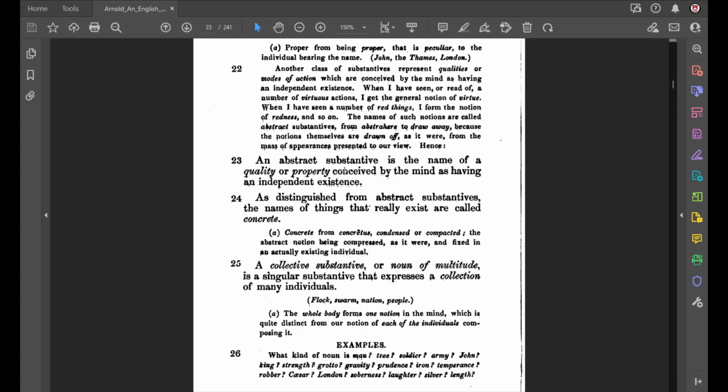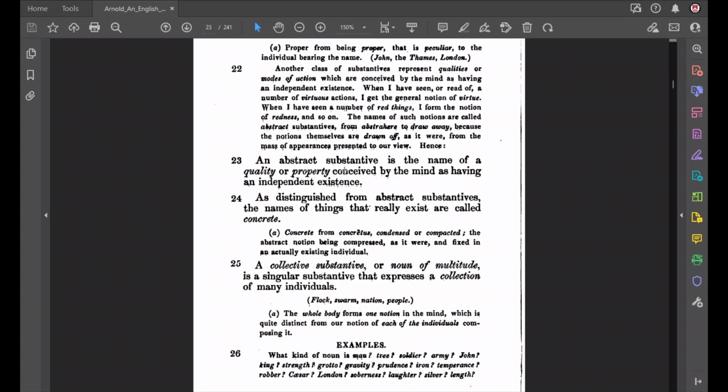And these are nouns that name a multitude as an individual thing. They are called collective nouns because they're names for a collection of things. Some examples of these include herd, flock, nation, and so on.